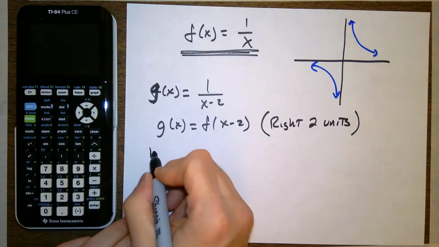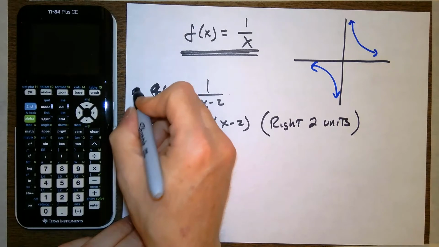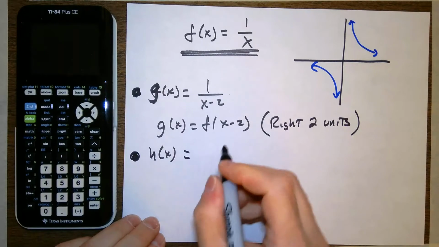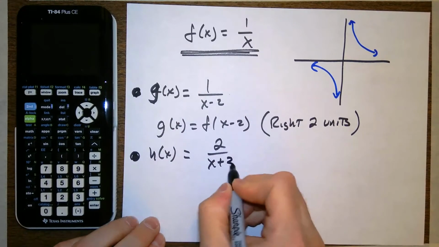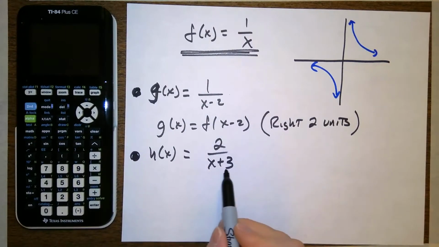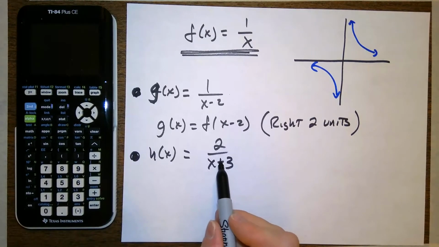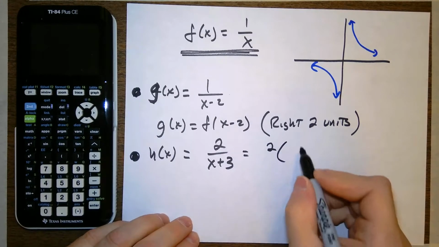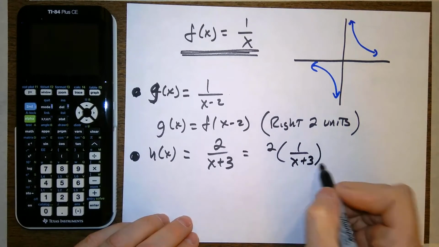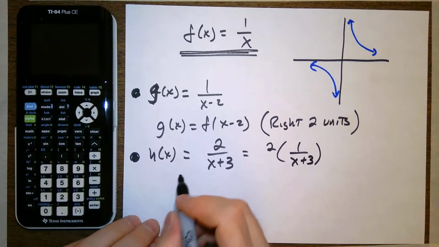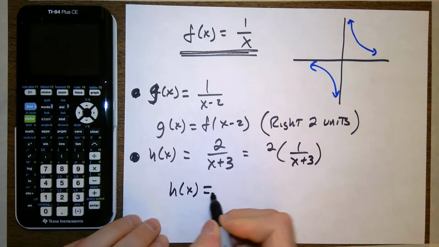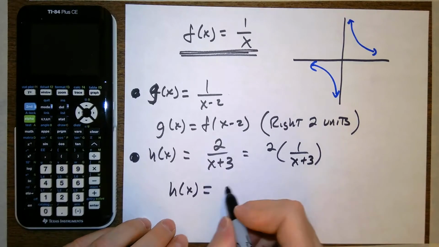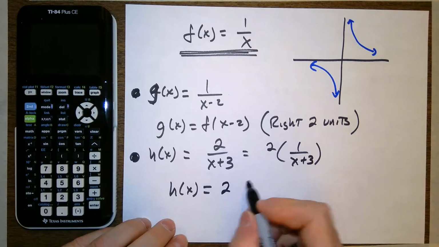Let's take a look at another function. Suppose I have h of x, my second example, h of x equals 2 over x plus 3. Well, we already know what the 3 is doing, but what is the 2 doing? I could rewrite this as 2 times 1 over x plus 3. So h of x is f of x plus 3, multiplied by a scale factor of 2.